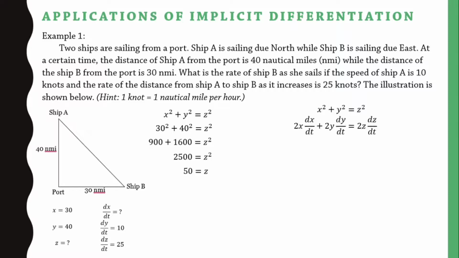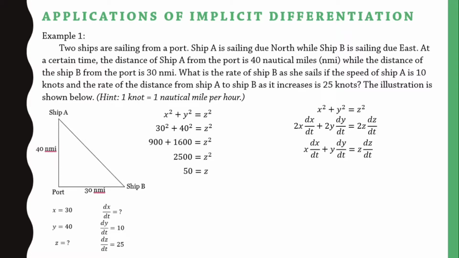That's 2x dx over dt plus 2y dy over dt equals 2z dz over dt. Take note, we have to put all of this because x, y, and z were all taken as functions of time, that's why we have dt. So we can divide all of this by 2. So you get x dx over dt plus y dy over dt equals z dz over dt.